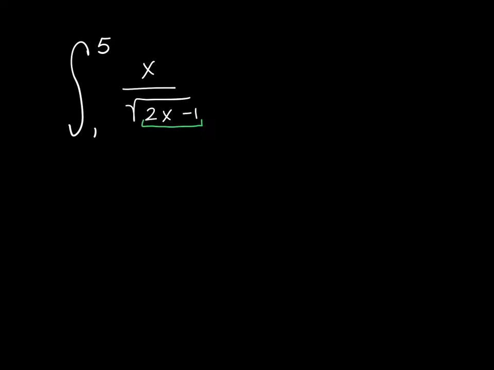Inside portion of this equal u. So I want to say u is equal to 2x minus 1. Then we're going to need this time to solve for x.